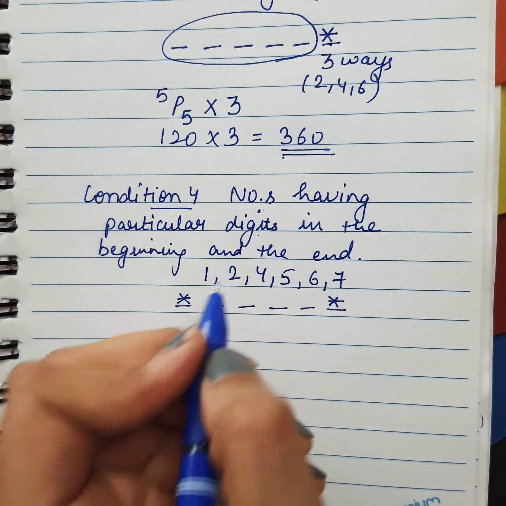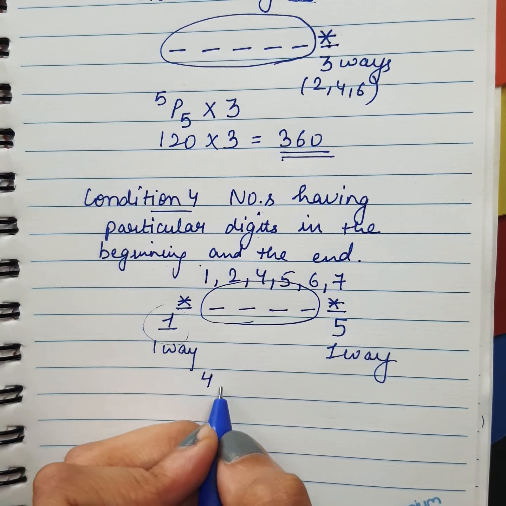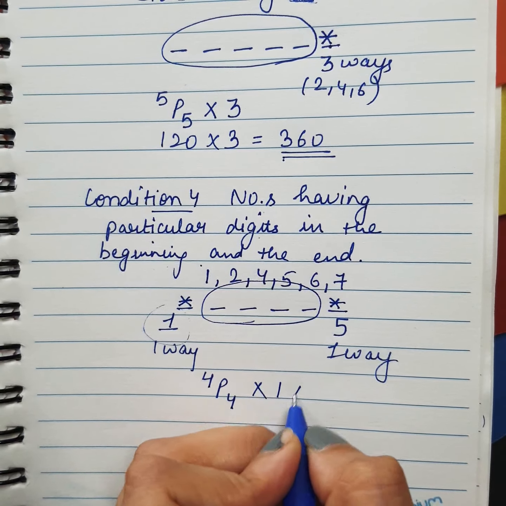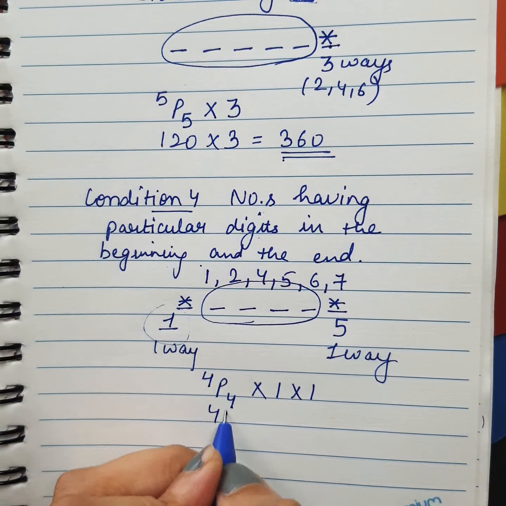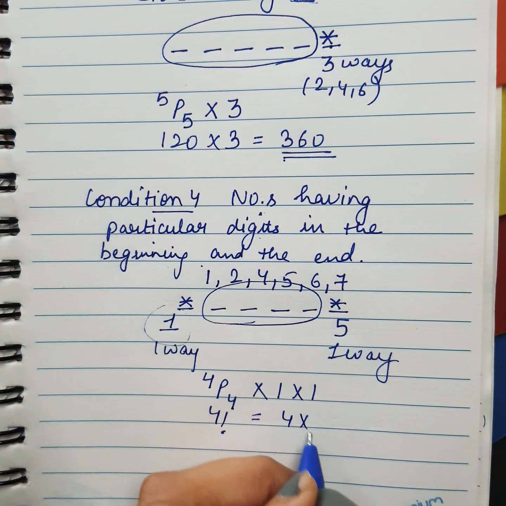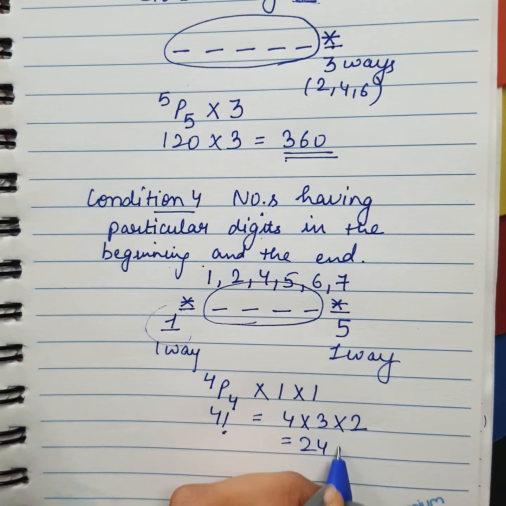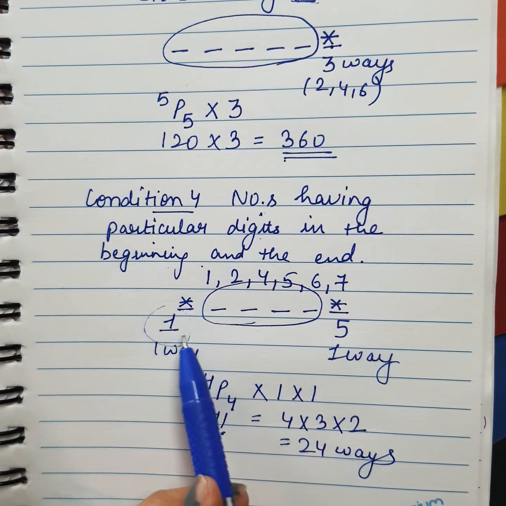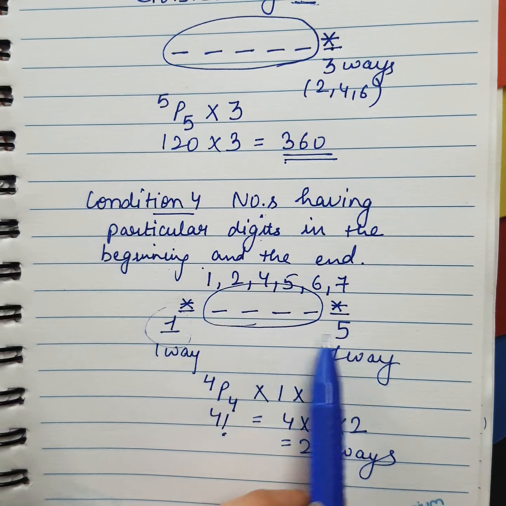So the remaining 4 places and the remaining 4 numbers, because repetition is not allowed. So 4 numbers will be filled in 4 places, and for these two, 1 into 1, whether you write it or not. So 4 factorial will be the answer, 4 into 3 into 2, 24 ways.